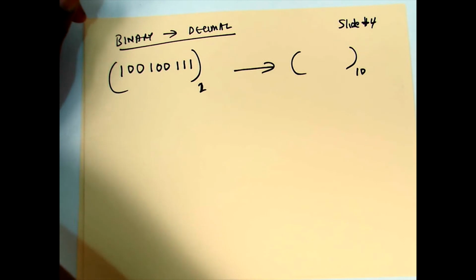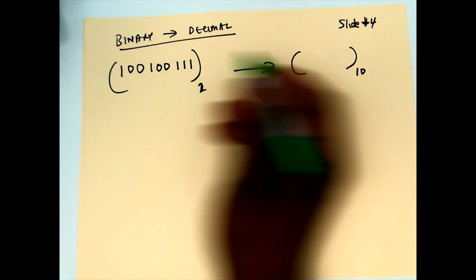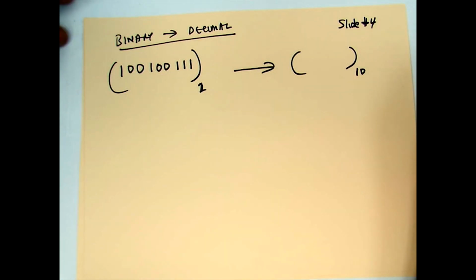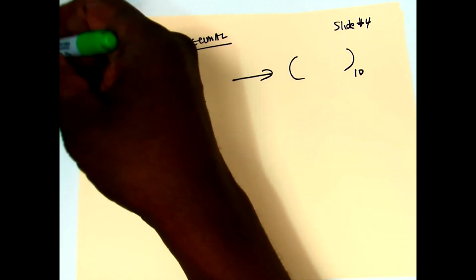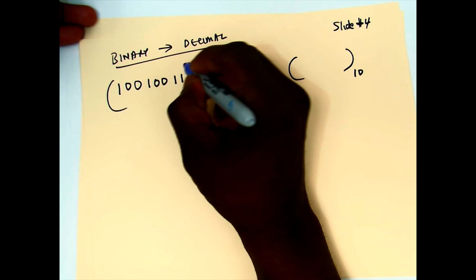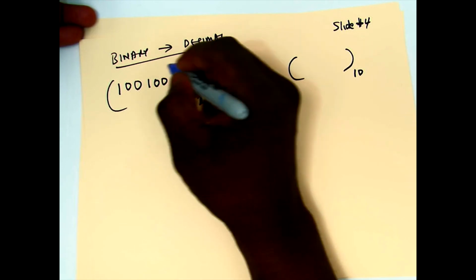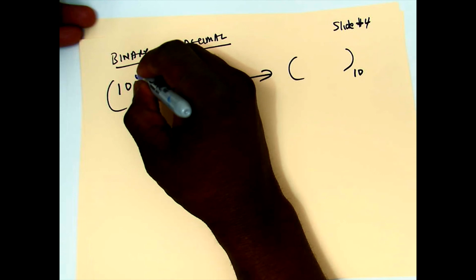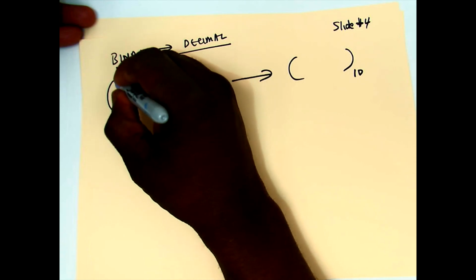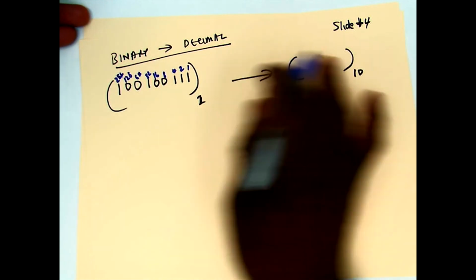With this, all we need to do is plug in the powers of 2: 1 2 4 8 16 32 64 128 256. Those are the powers of 2.